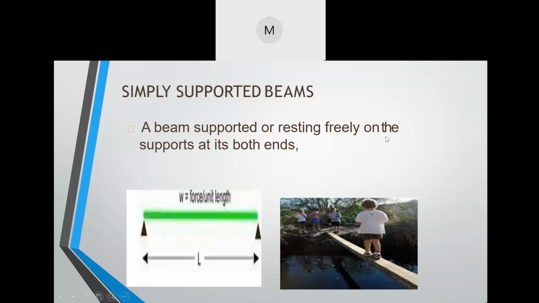Then simply supported beam. The basic example of a simply supported beam: suppose there is a stream or something like that. For passing through the stream, what people sometimes do is place a log of wood which connects both ends of the stream.